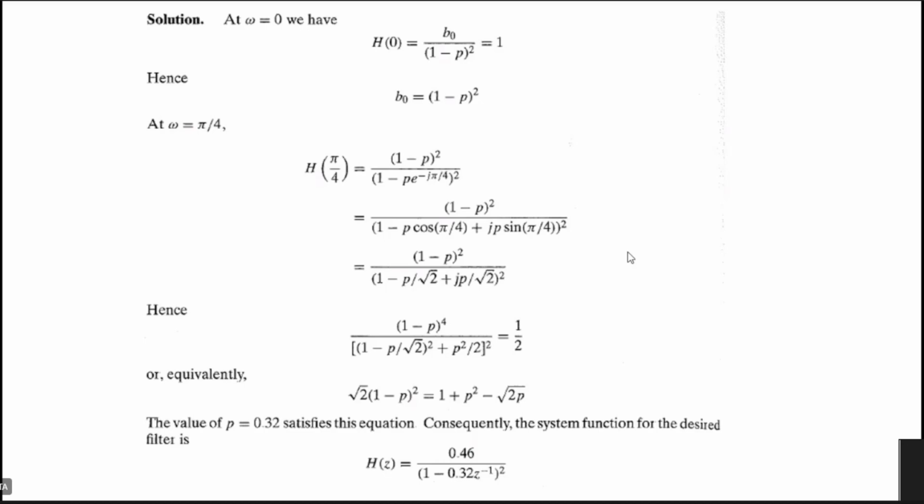Okay, magnitude, if you take the magnitude, that time it becomes root over real part square plus imaginary part square. Okay, so if you simplify further, then you will get this expression.